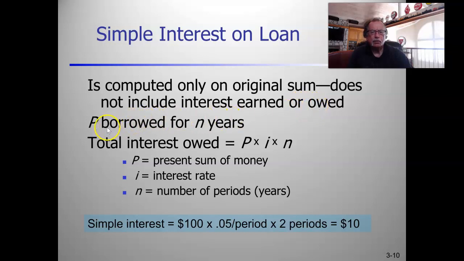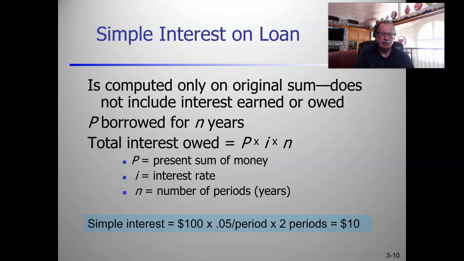So if you borrow P for N years, the total interest owed is P times I times N. Now, what this means is you don't owe interest on the interest. If you borrowed $100 at 5% for 2 years, you're only going to owe $10. However, you could owe, if you had compound interest, at the end of the first period, you'd owe $105, and you would owe slightly more if it was compound interest.